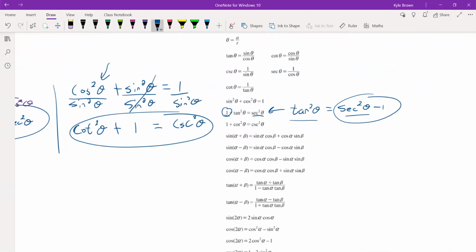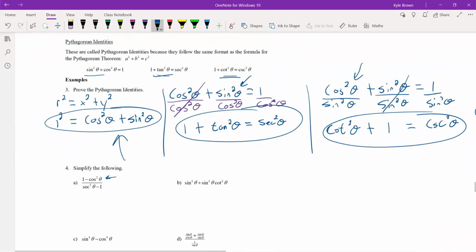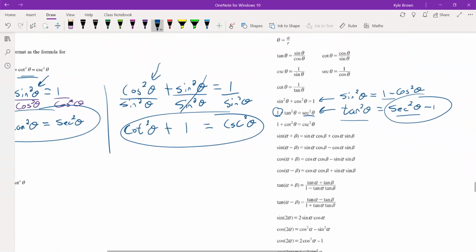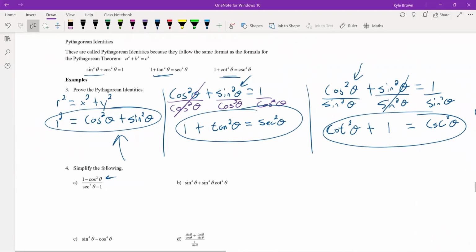So what if I just rewrote this one as sine squared theta is equal to 1 minus cos squared theta, which is exactly what I was looking for, right? 1 minus cos squared theta. So that means an identity of 1 minus cos squared theta is sine squared theta. So I get to replace it with that, right? So I get to actually just rewrite this top bit as sine squared theta, okay?